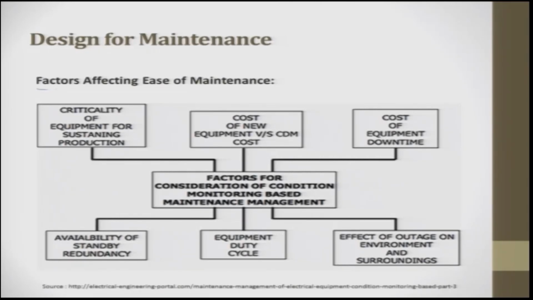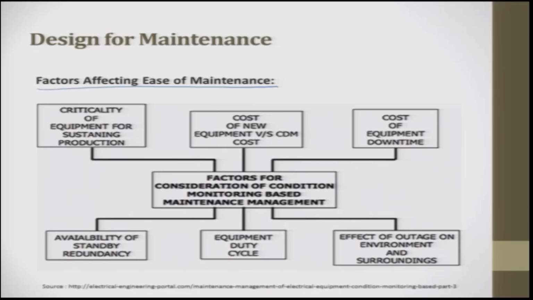So, the factors affecting ease of maintenance: the criticality of equipment for sustainable production, cost of new equipment versus CBM cost of equipment downtime. So, all put together goes to factors for consideration of condition monitoring based maintenance management.